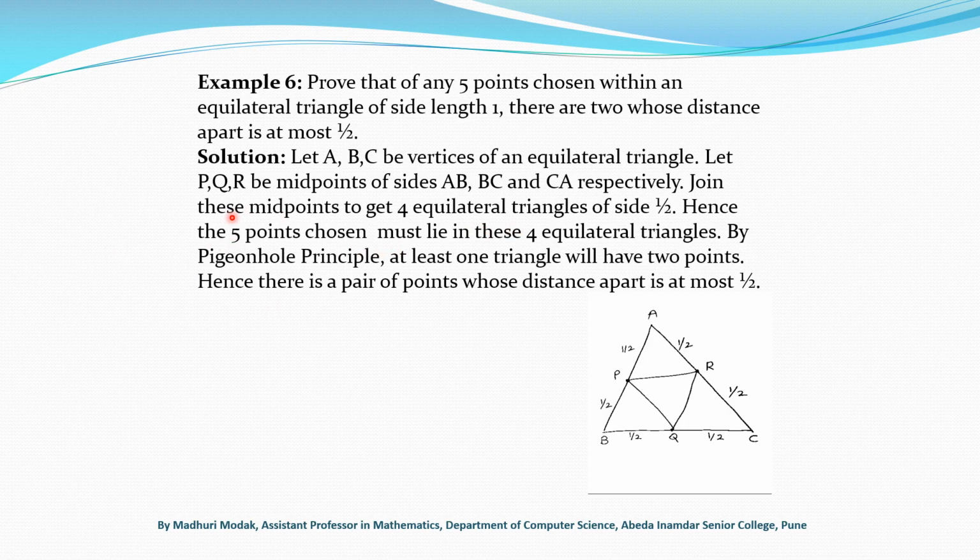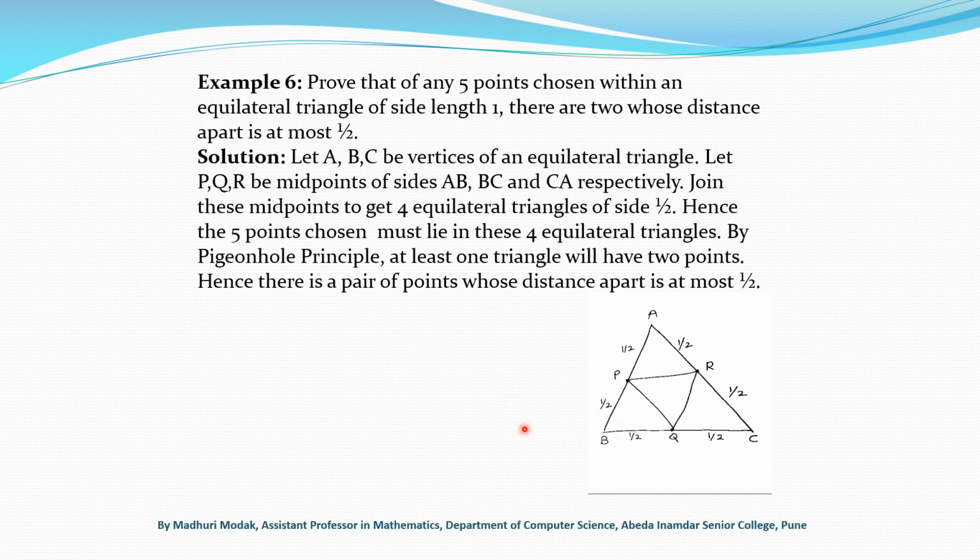Now see, we join these midpoints to get 4 equilateral triangles of side 1/2. After considering the midpoints P, Q, R, we have joined PR, RQ and PQ. So the triangle ABC is now divided into 4 equilateral triangles: one is APR, then PQR, then PBQ and then QRC.